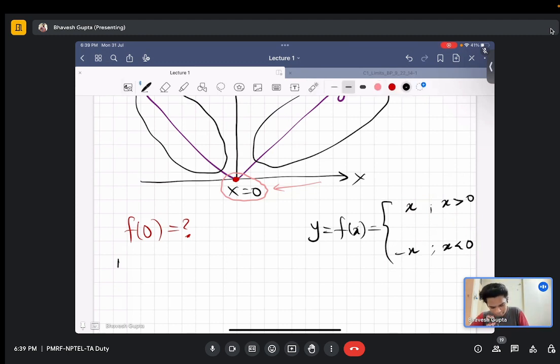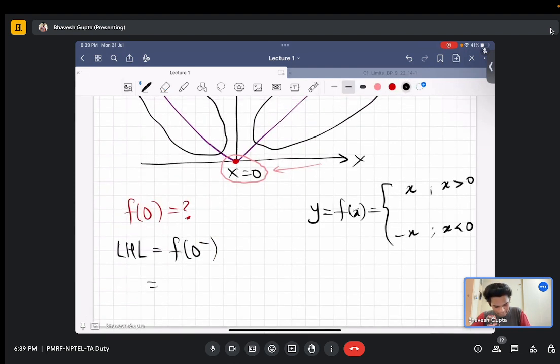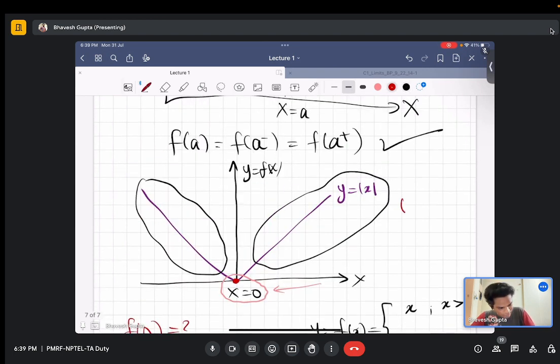So what you do is first calculate the left hand limit, which is basically f of 0 minus, and the way we calculate this is by taking f of minus h. Let me first remind you that 0 minus can be written as minus h, and 0 plus can be written as plus h, such that h is very close to 0.